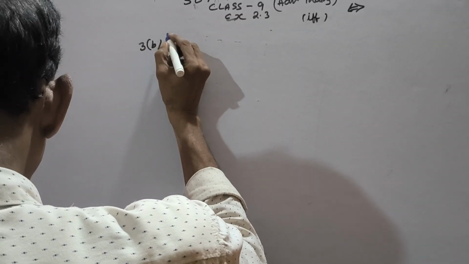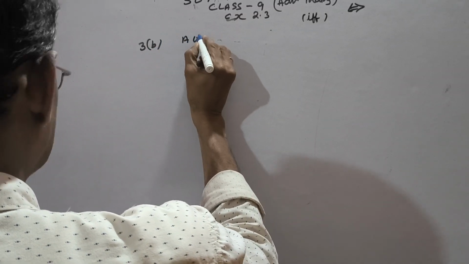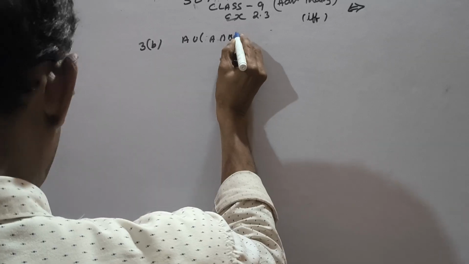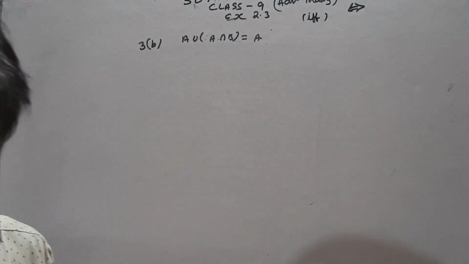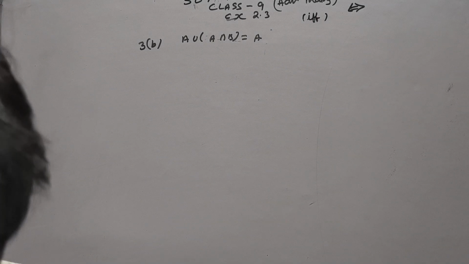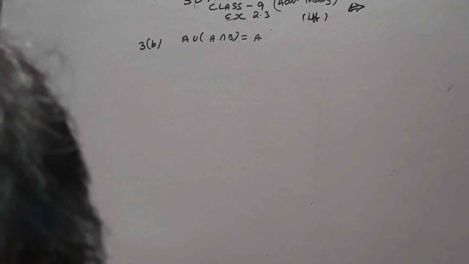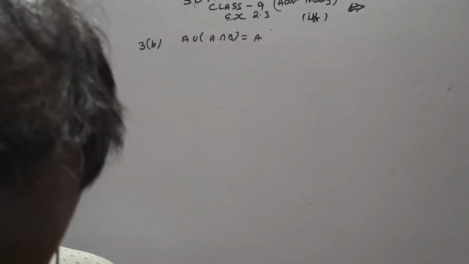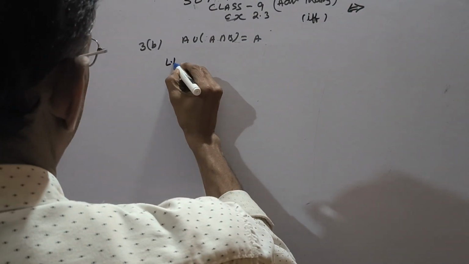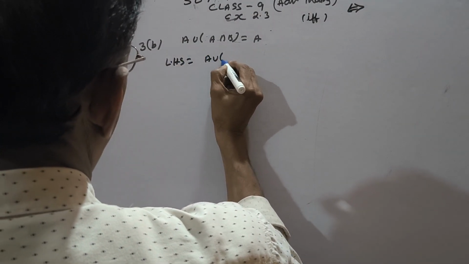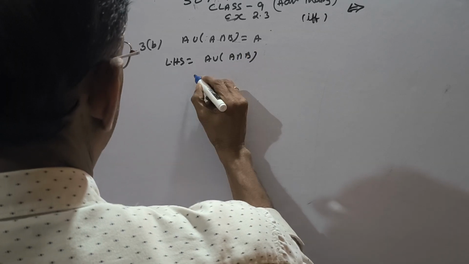Number B is about A union (A intersection B) is equal to A. A union (A intersection B) is equal to A. So take the left hand side: A union (A intersection B). What you can write?